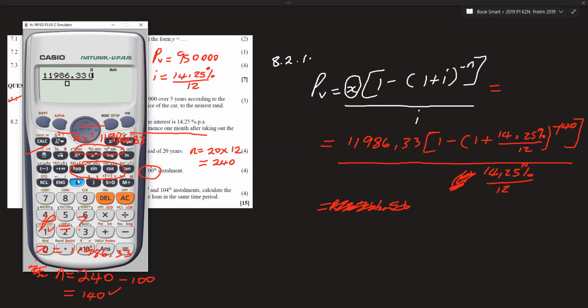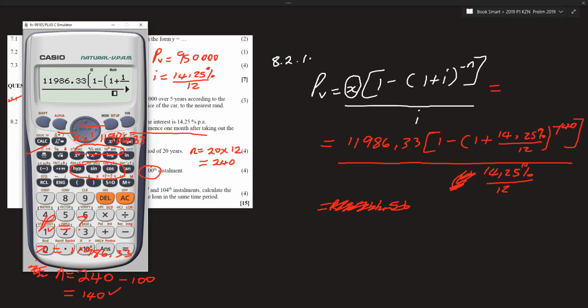Actually, 11986.33 in bracket, 1 minus 1 plus 14.25 shift percent over 12, then to the power of negative 140, and then we close.